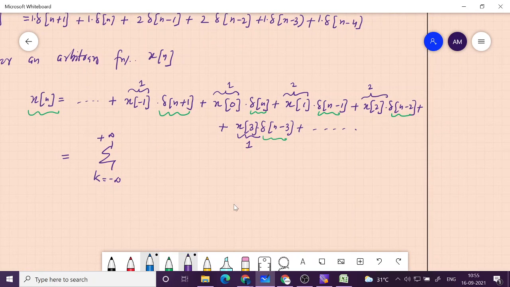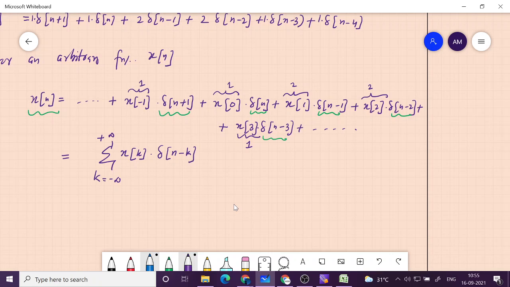Okay, so to incorporate all the possibilities, I am considering it as an infinite sum. For example, this term is x of minus 1 into delta of n plus 1. So I can write it as, when k takes minus 1, x of minus 1 multiplying the delta of n minus k.